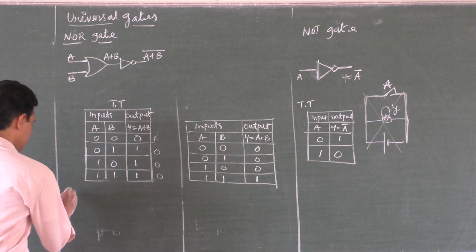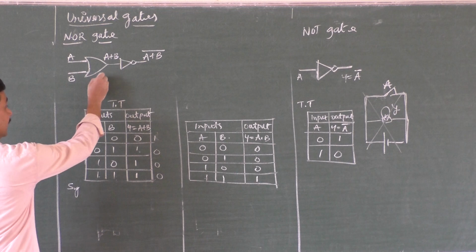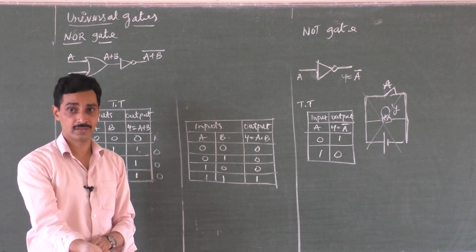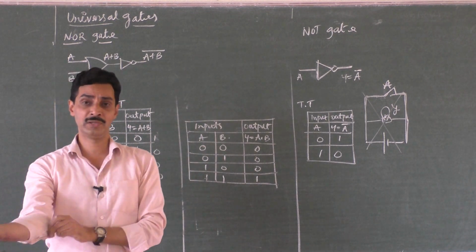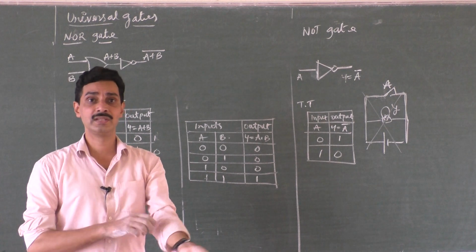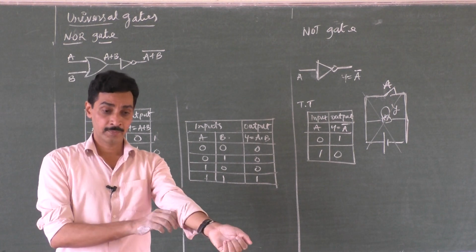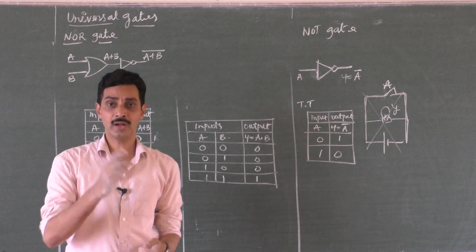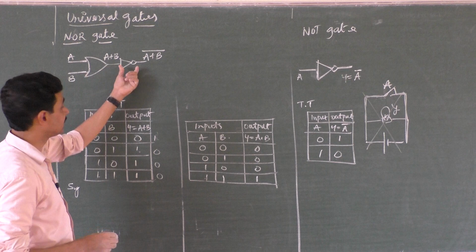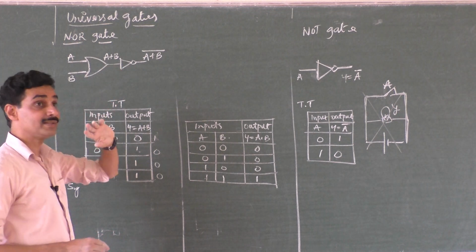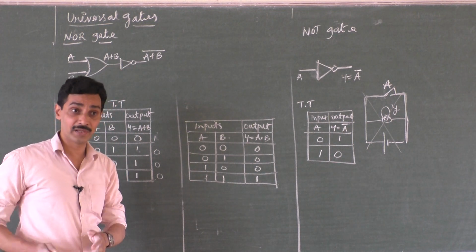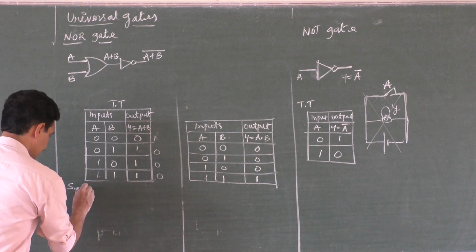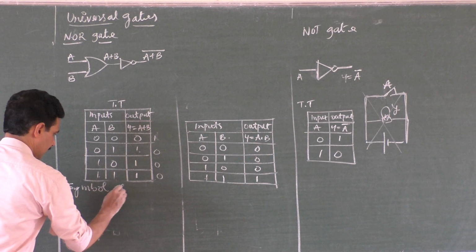And if you want the symbol of NOR gate, this is not the symbol. This is the combinational logic circuit. And what do you mean by combinational logic circuit? It is a circuit constructed using individual symbols. What is the actual single symbol of NOR gate? Very simple. Symbol of NOR gate.